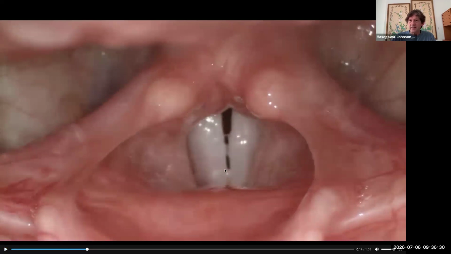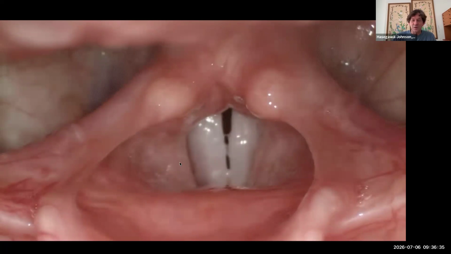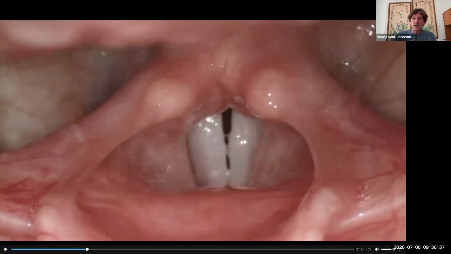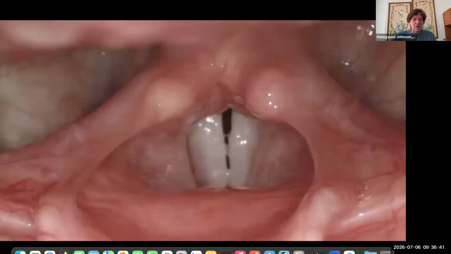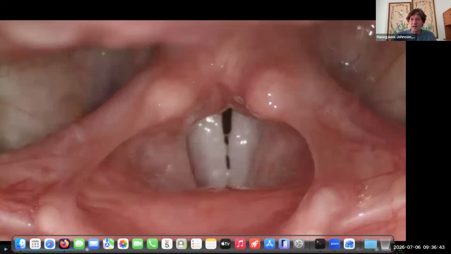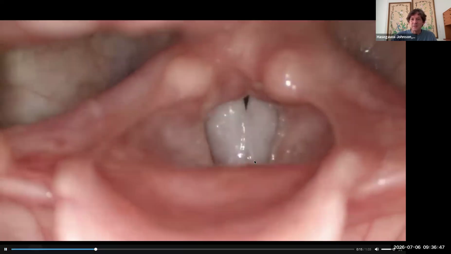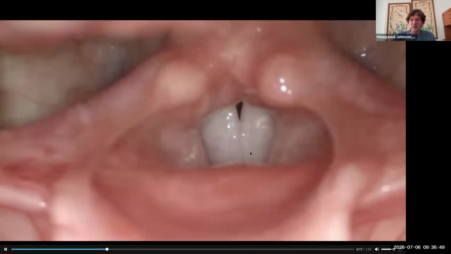When it slows down like this, that's actually a strobe light. It's the same kind of strobe light that you would see in a disco. That strobe light is locked on to the speed of her vocal fold vibration, and so it flashes once every time the vocal folds vibrate, and in that way we can see it as if it was moving in slow motion.